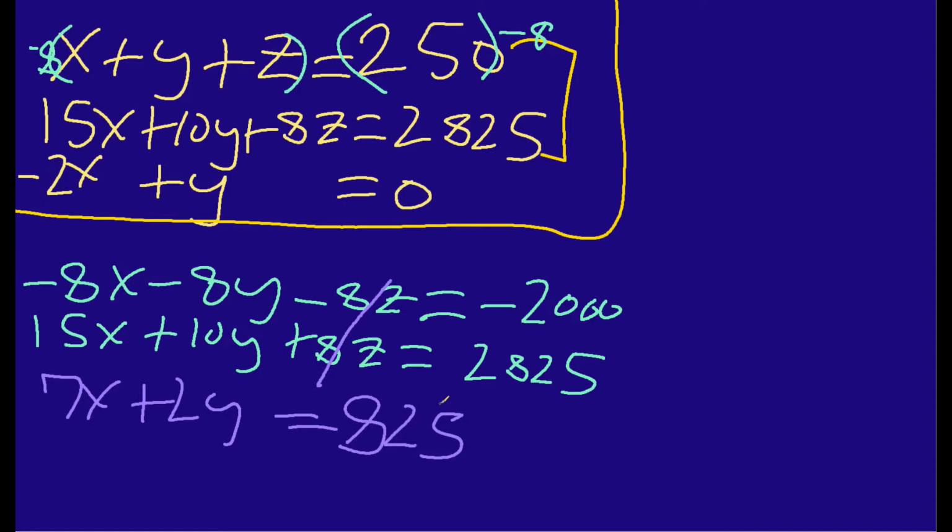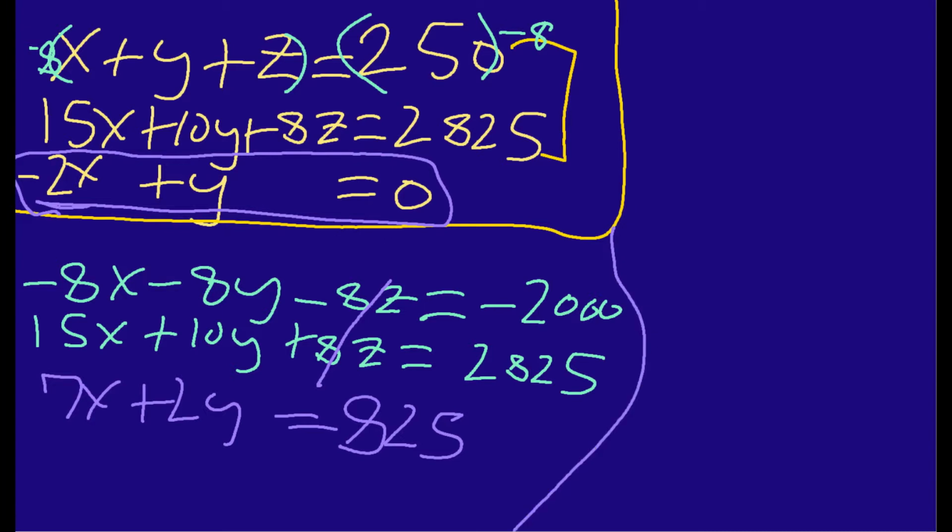Now, the next thing we have to do here is we have to deal with this equation. And we're going to have it work with this new equation that we just created right here. So this is what I have. Now what I need to do now is that I need this to be a negative 2.